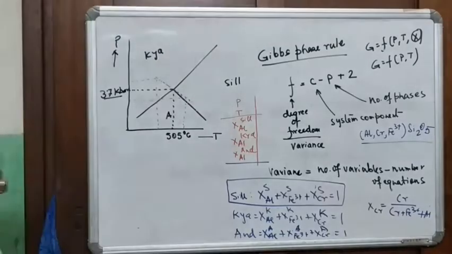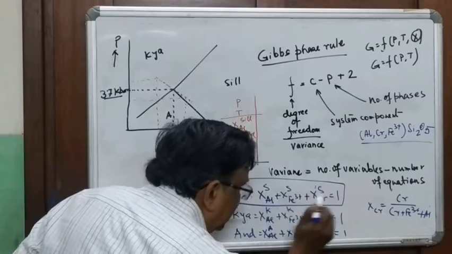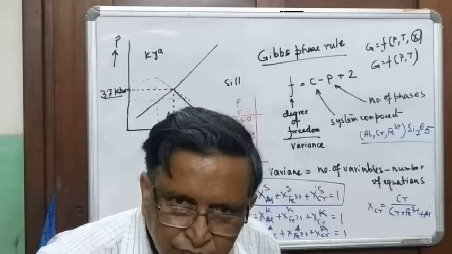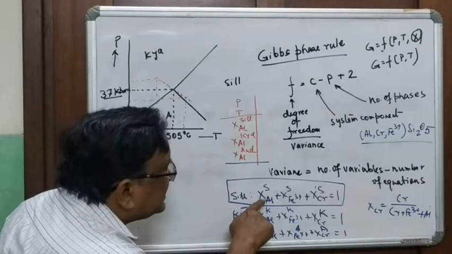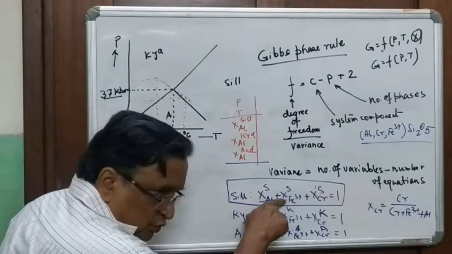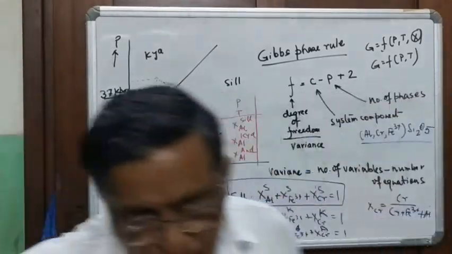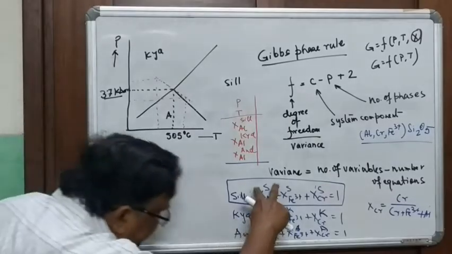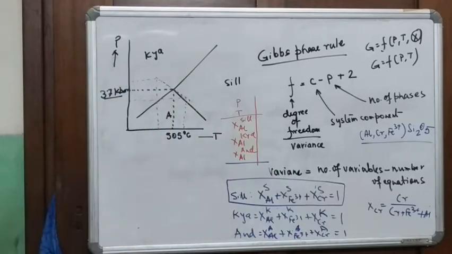Out of that, if you know 2, the third is automatically fixed. If you assign values to 2 of them, the third is known. It's not an independent variable. It becomes a dependent variable. And this works for all the 3 phases.